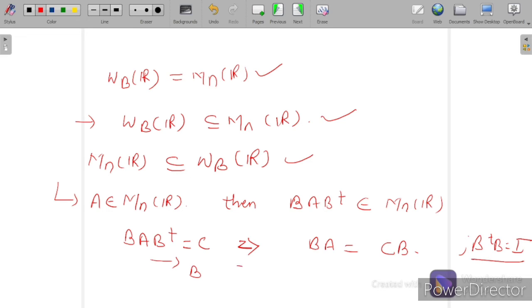Now let's multiply this equation by B transpose.